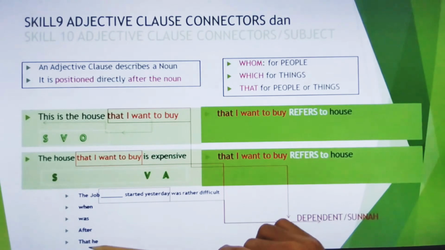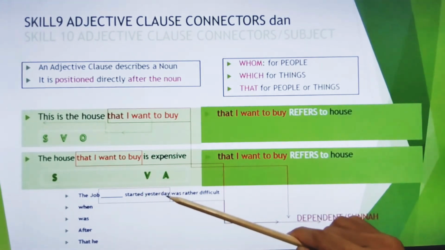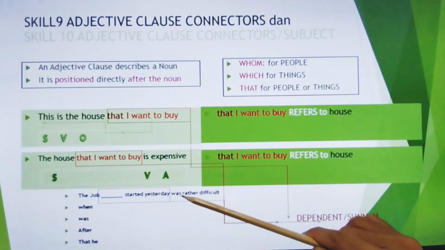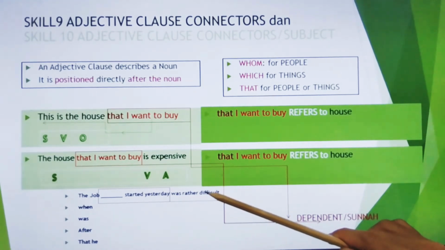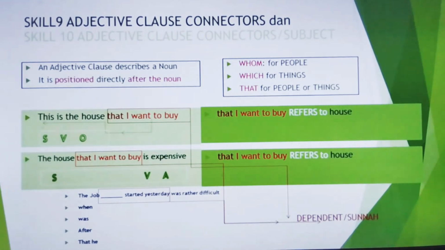Pekerjaan yang dia mulai kemarin sangat susah, sedikit susah.